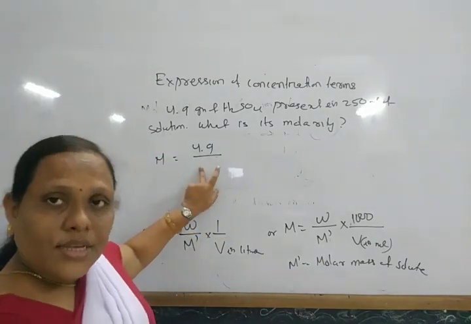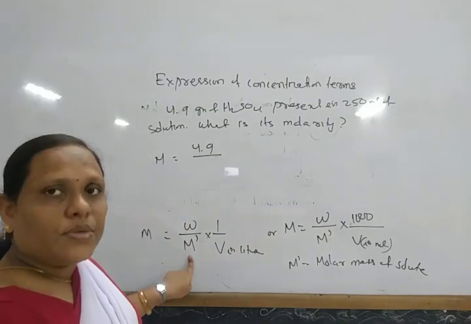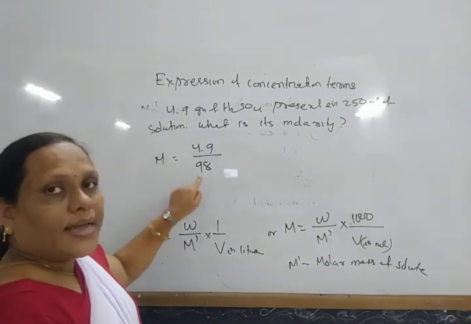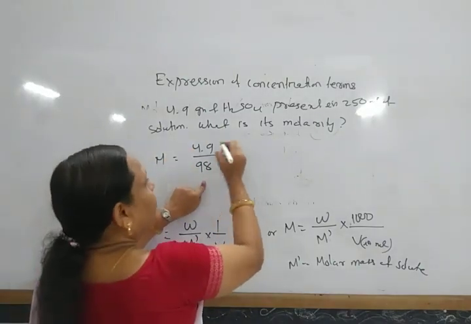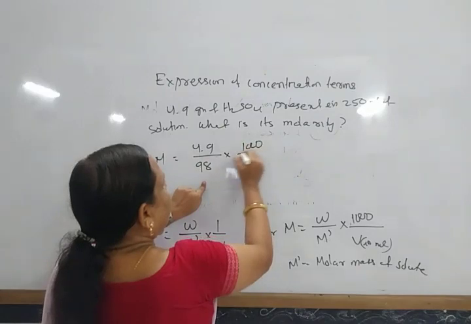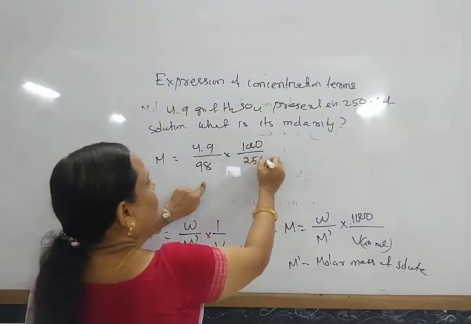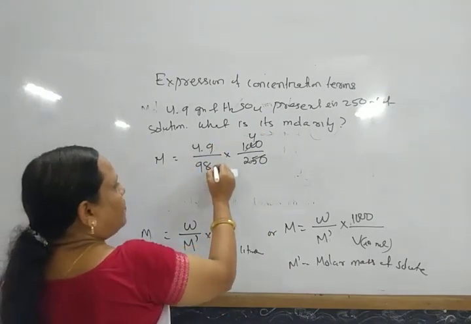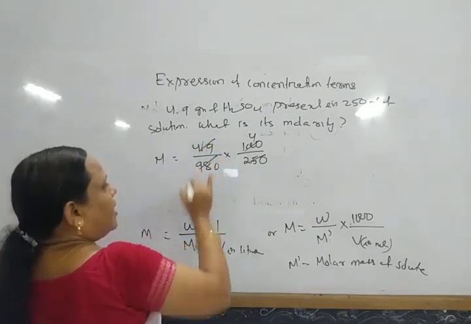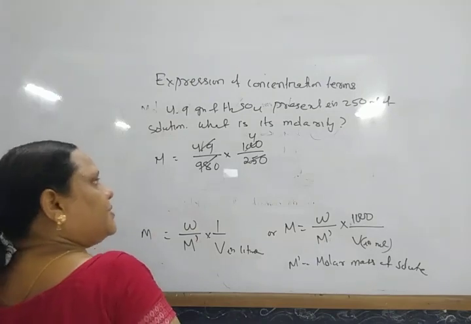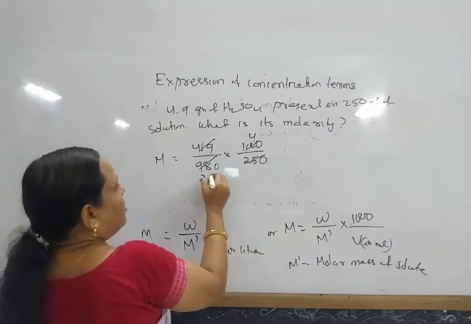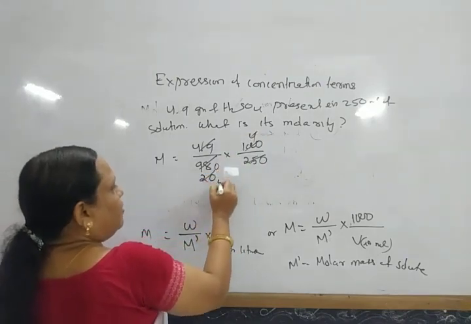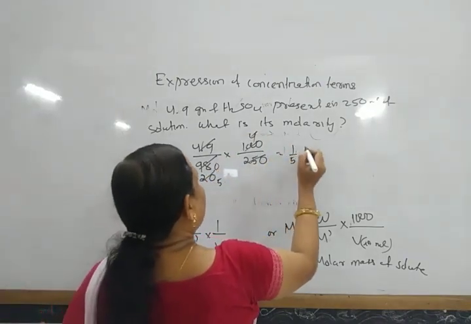But here you have to use the molecular mass, that is 98. 4.9 by 98 into 1000 by 250. So 250 and 1000 gives 4, and 4.9 by 98 gives 1 by 20. So 4 by 20 is 1 by 5.